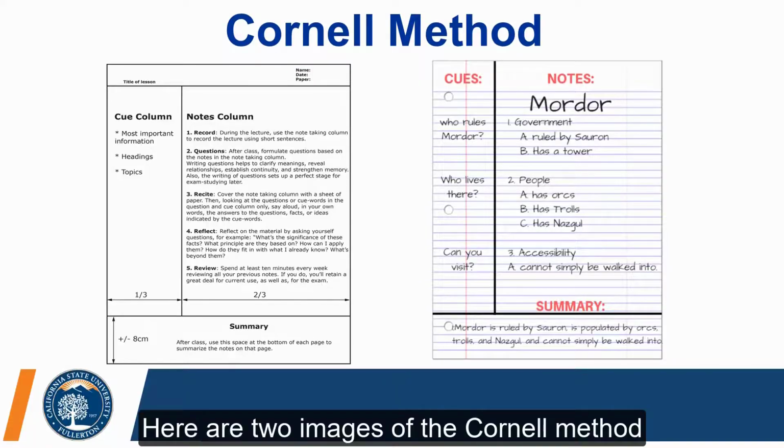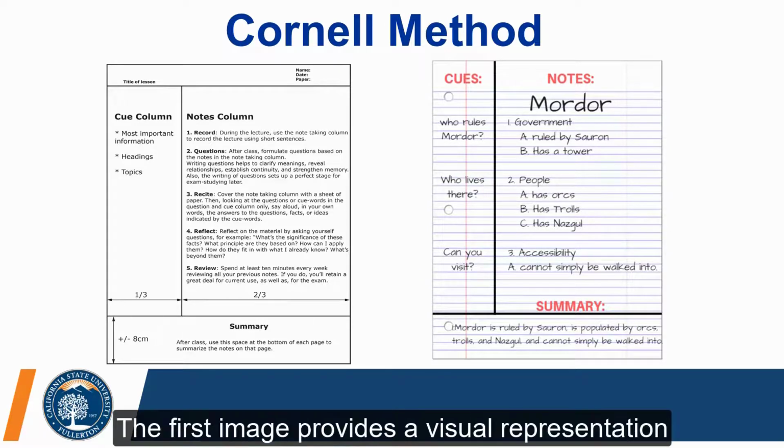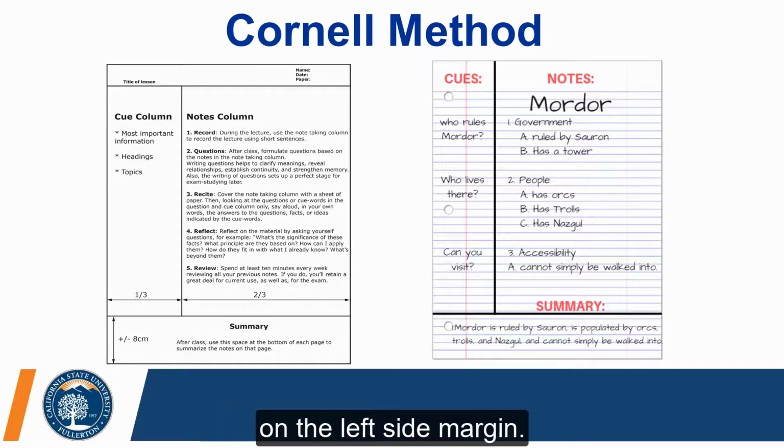Here are 2 images of the Cornell method as examples. The first image provides a visual representation of how to create the layout of the Cornell method, with the cue column located on the left side margin. The cue column includes the most important information, headings, and topics.